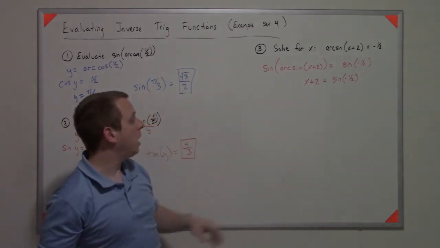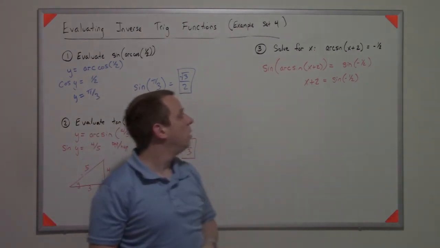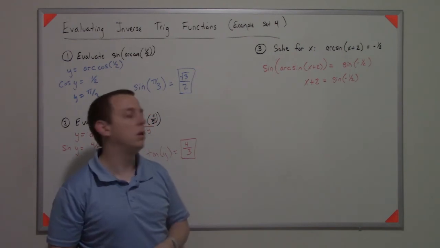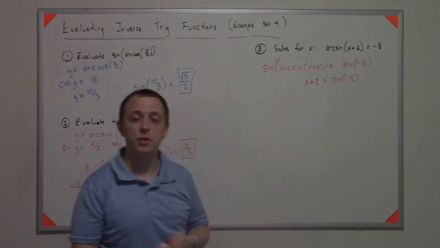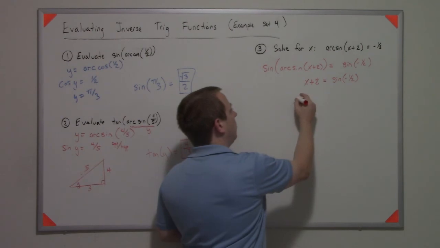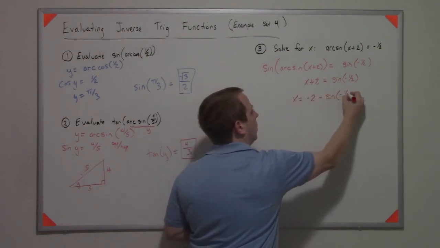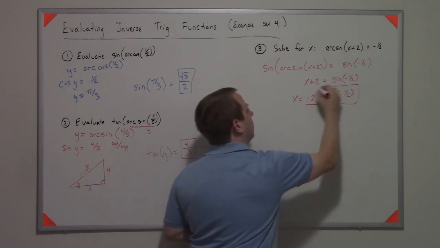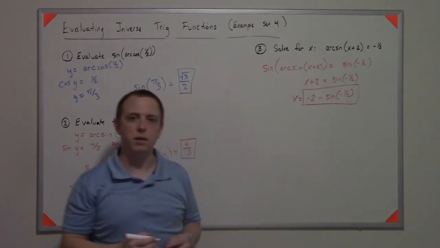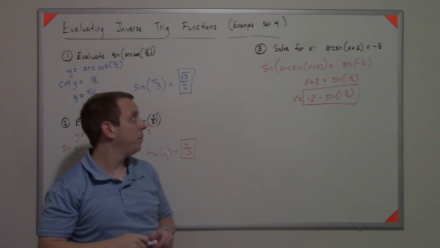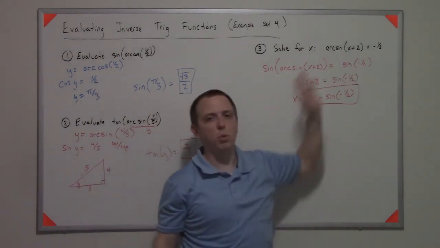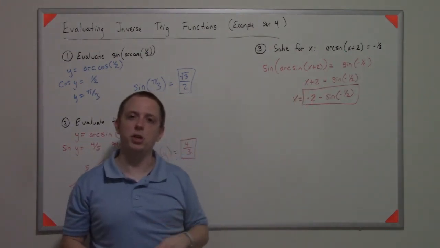In this particular case, to get x by itself, I get negative 2 minus sine of negative 1/2. And what you'll find is that that's perfectly fine. That satisfies that expression, no issues.